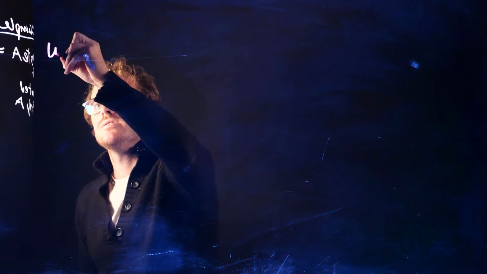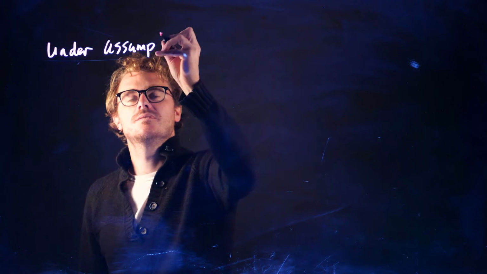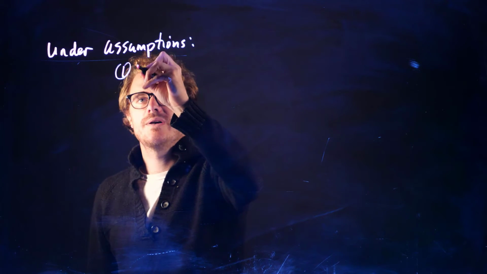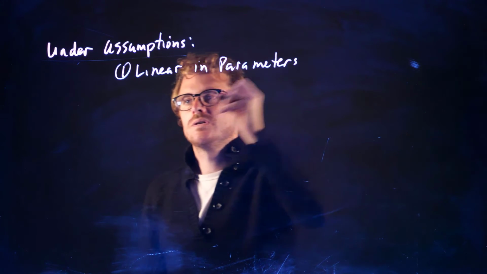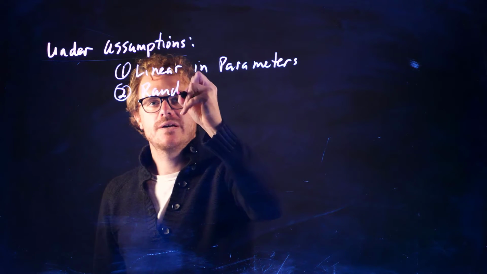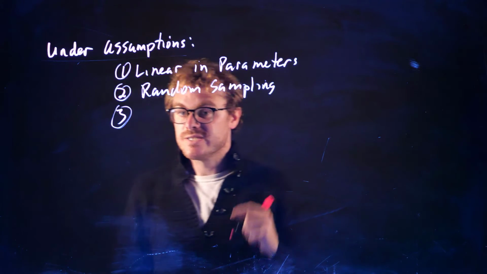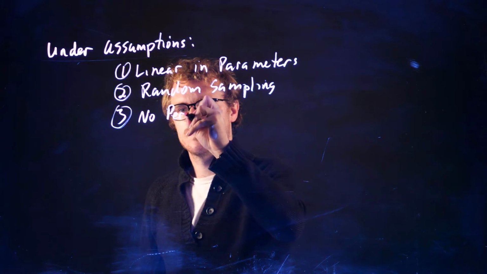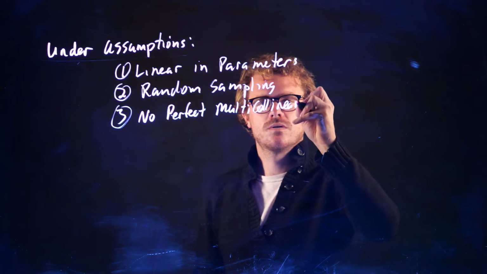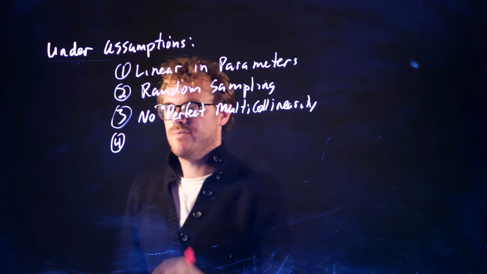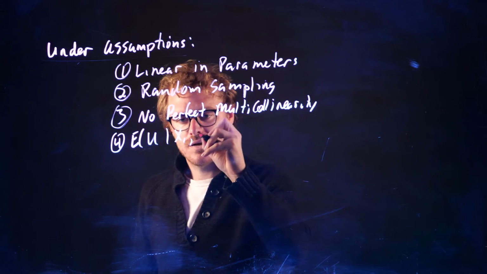So now that we know what perfect multicollinearity means, under these assumptions: the first one, linear in parameters; the second one is random sampling; the third one was that one we just discussed, no perfect multicollinearity; and the fourth one being that big assumption we've been talking about, that the error term is uncorrelated.